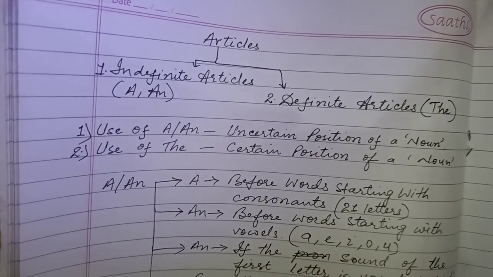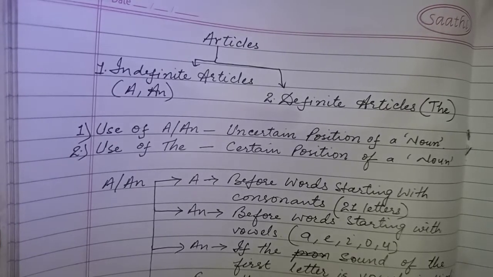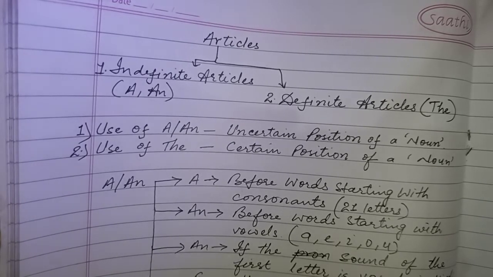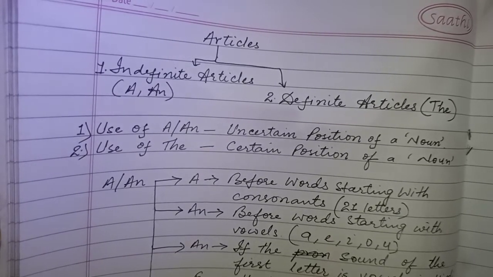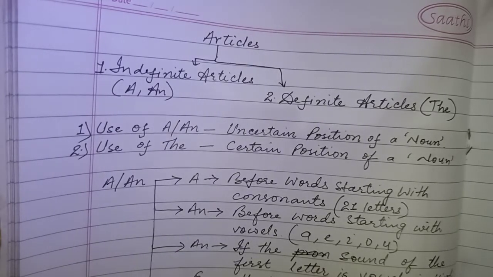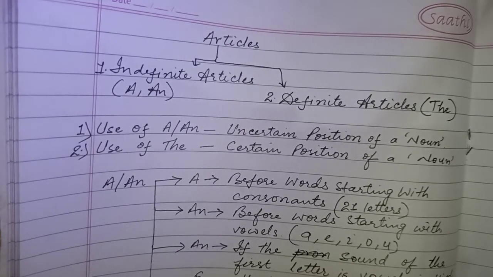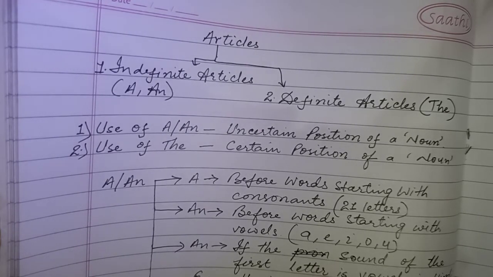Now there are some other uses of a and an in sentences. You are all very familiar with a and an, and you know when to use a and when to use an in a sentence. Both have the same meaning, that is one, O-N-E, and a is used before all those words which have the first letter as a consonant.